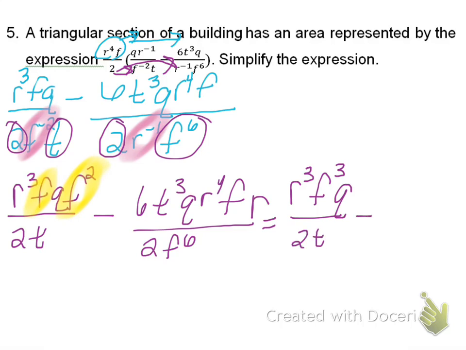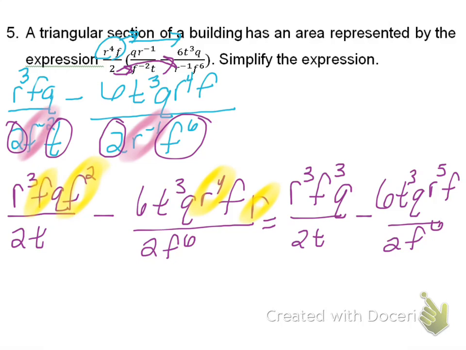And in the second one, I have an r and an r to the 4th power. So I can rewrite this one, 6t cubed q, and then the r's, there's 5 of them now, and then an f. And on the bottom we have 2f to the 6th power.